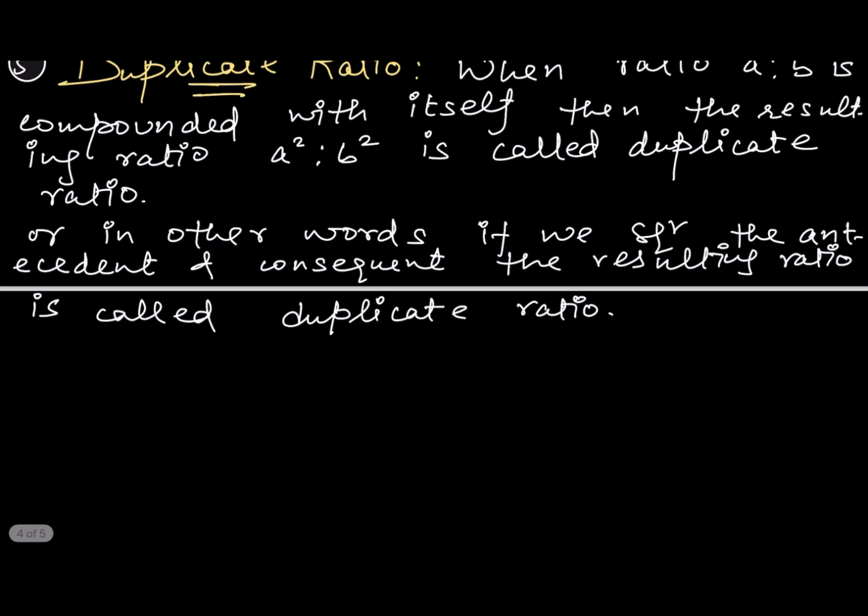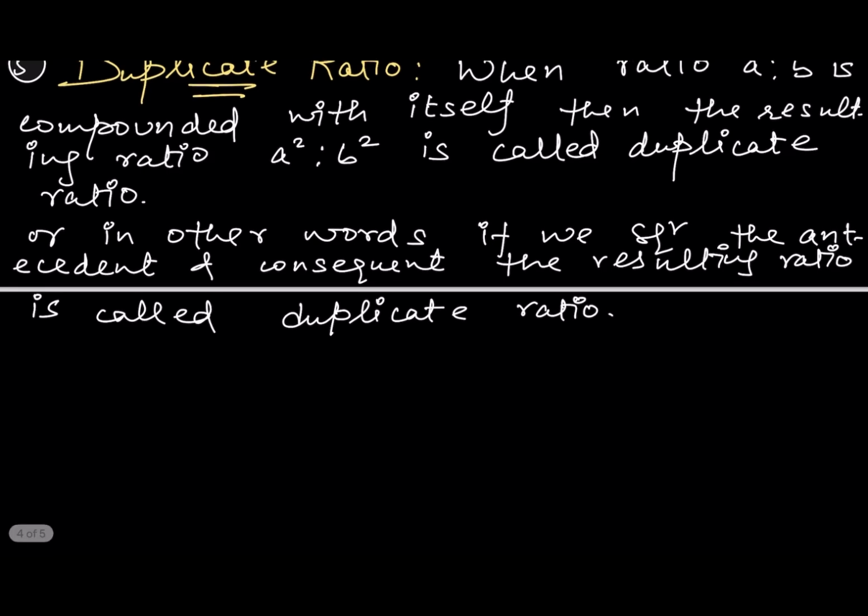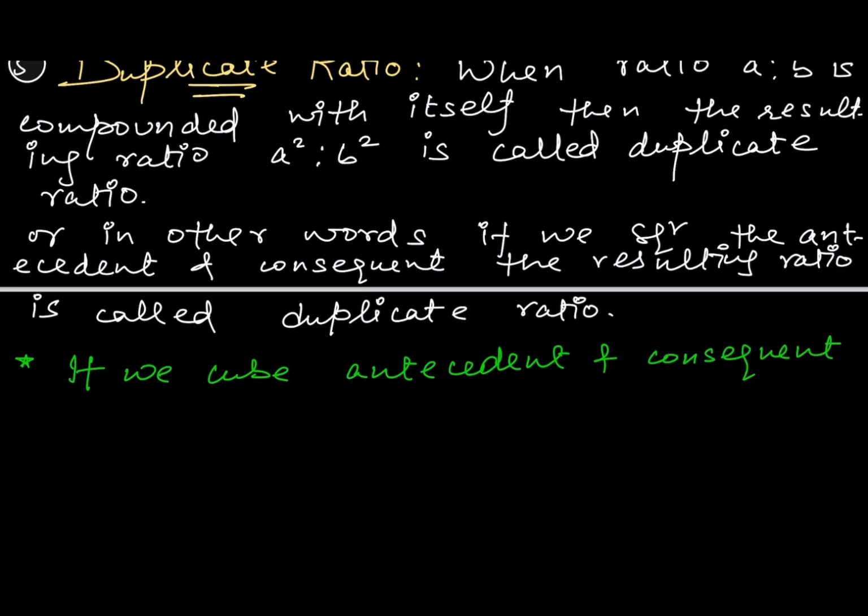Okay. And if we cube antecedent and consequent, then the resulting ratio is called triplicate ratio. So if we cube given antecedent and consequent, the resulting ratio is called triplicate ratio.